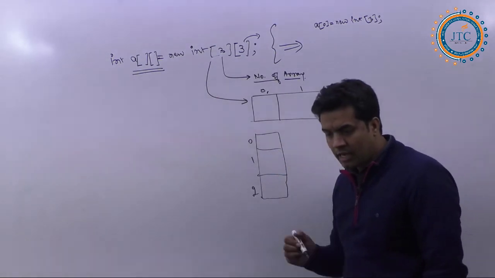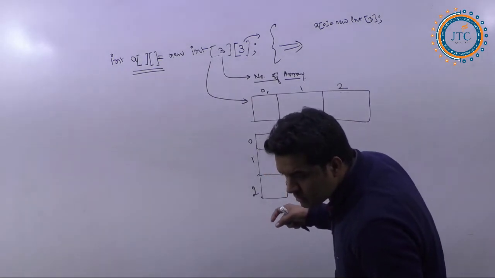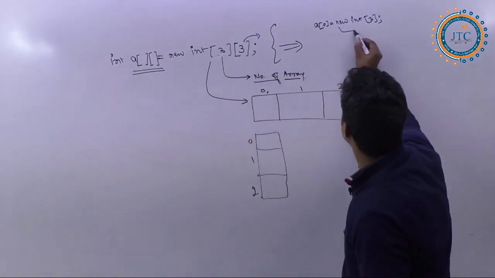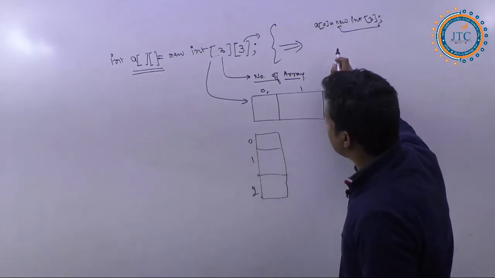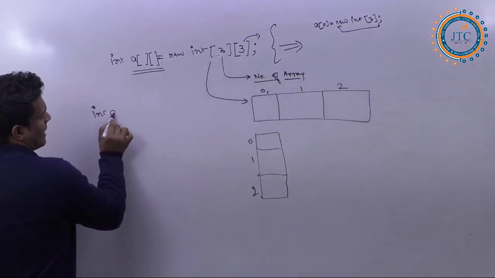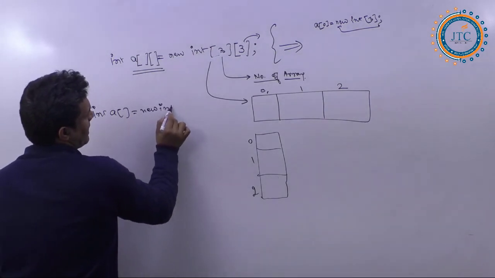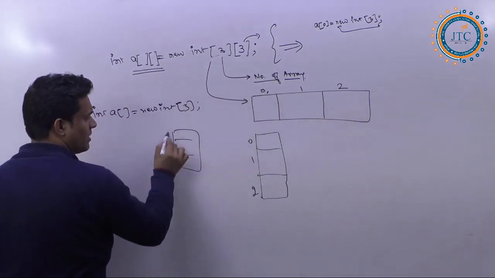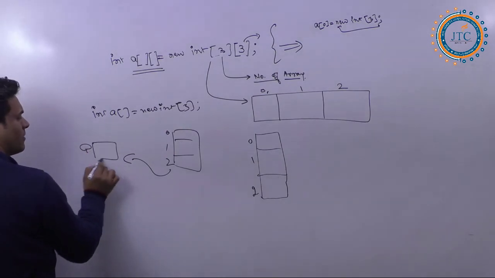Getting it? And this reference, this array reference of the array you have created: initially when you were writing a single dimension array, you were writing like this, suppose 3 you have written, so this is one array, 0, 1 and 2, and this reference you are storing inside a. Fine.